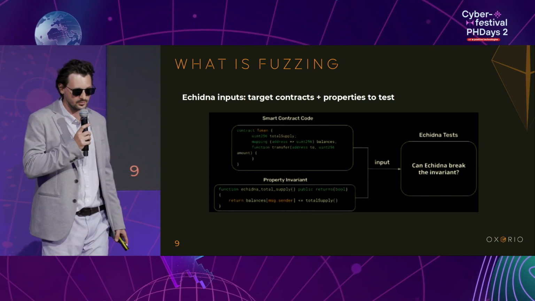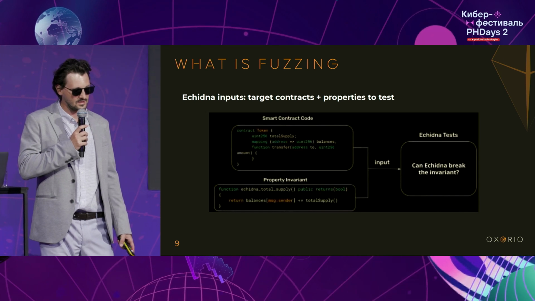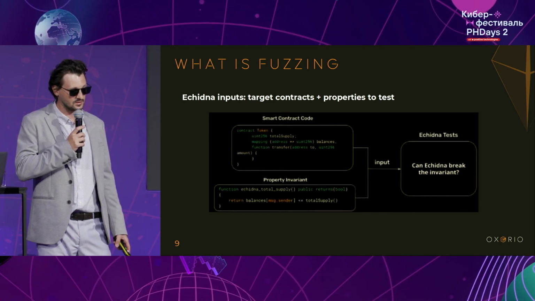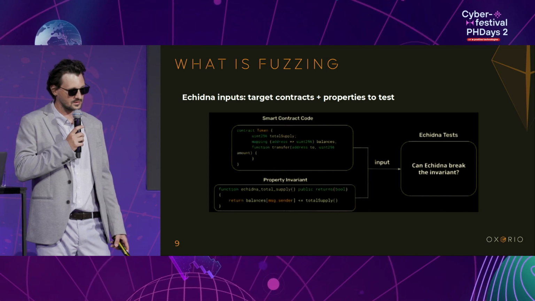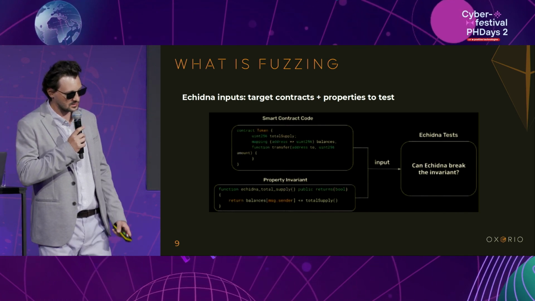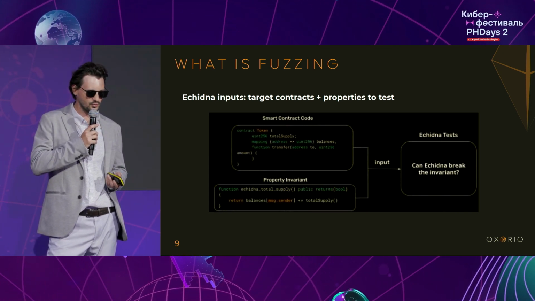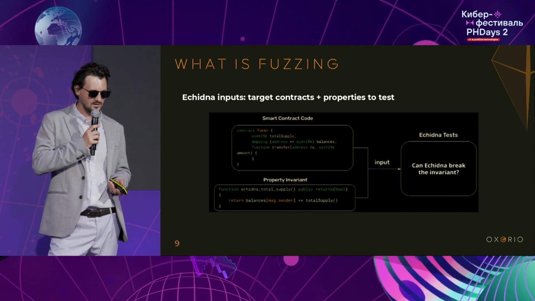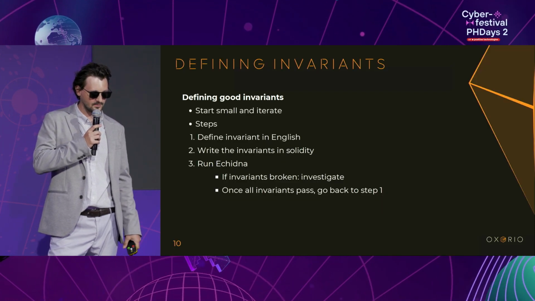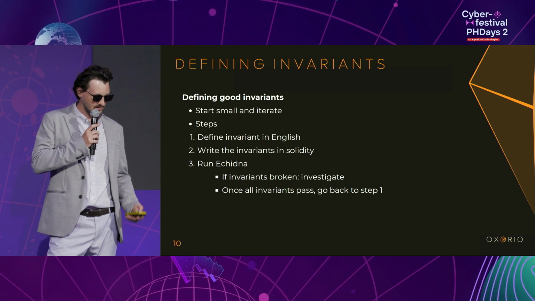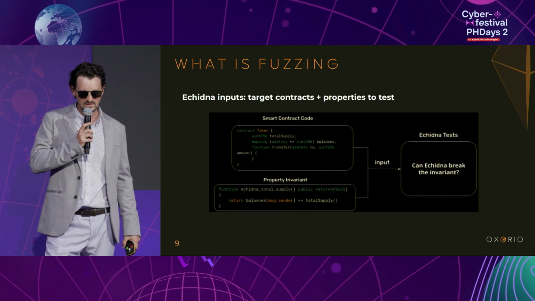There should not be more tokens than released in the system, and this property should remain intact. So we send Echidna two inputs, the contract and the property that we would like to verify, and we see whether it can break this invariant.